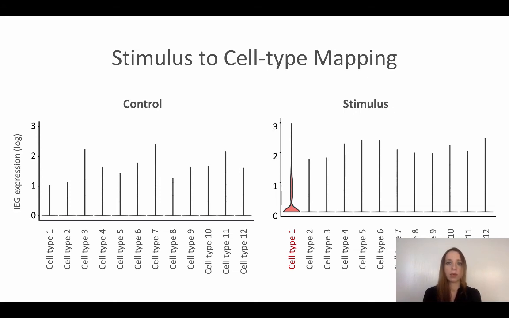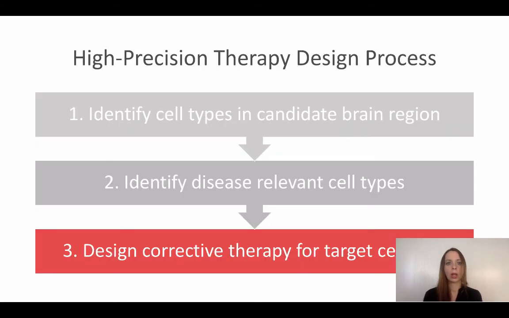However, if you apply stimulus, you can see that a single cell type strongly upregulates the expression of immediate early gene, revealing which neuron type might be relevant for controlling respective behavior. So if this stimulus is pain, then the pain-activated cell type constitutes a potential target for pain therapies.